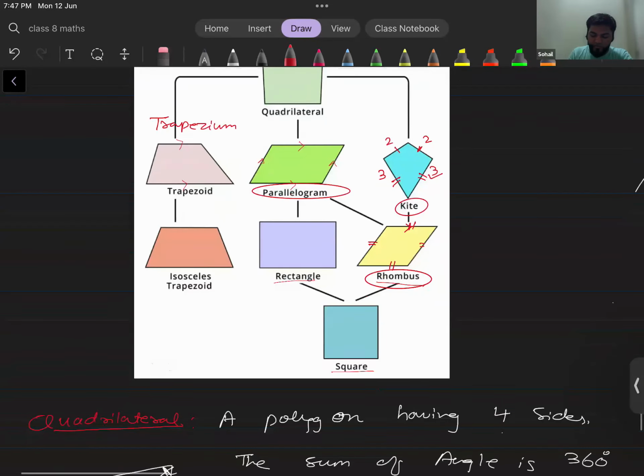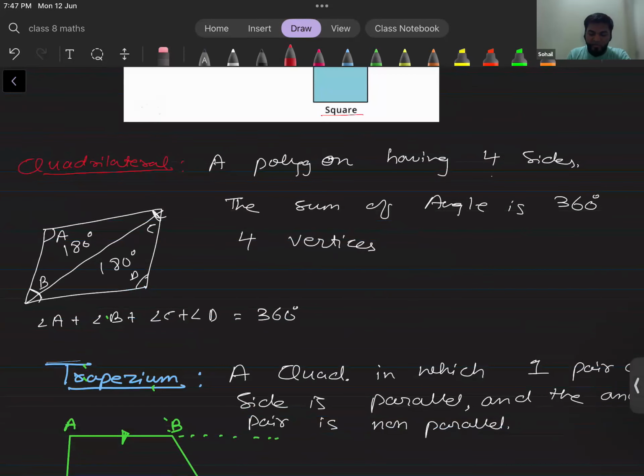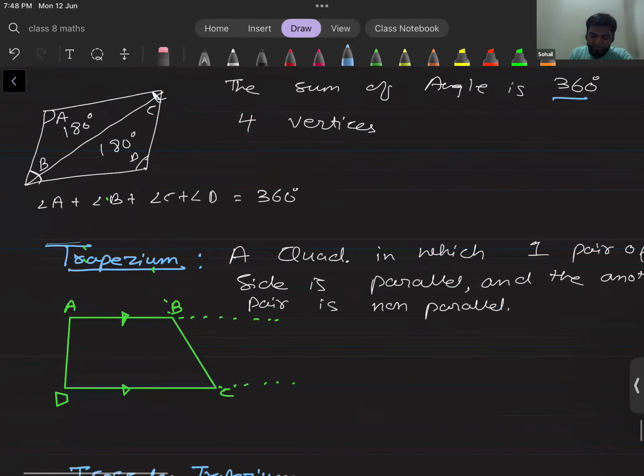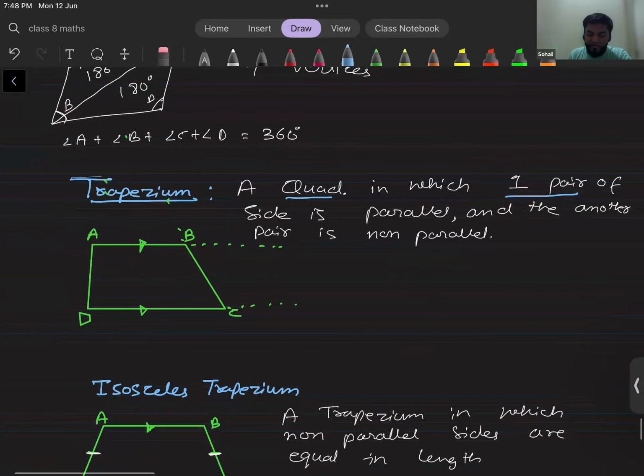We were talking about the trapezium here. Quadrilateral, you must already be aware, has four sides and the sum of all the angles is 360°. And a trapezium is basically a quadrilateral in which one pair of sides is parallel and the other is non-parallel. See this figure here?